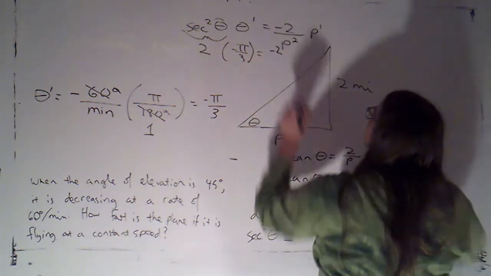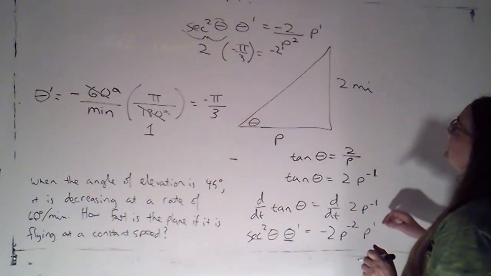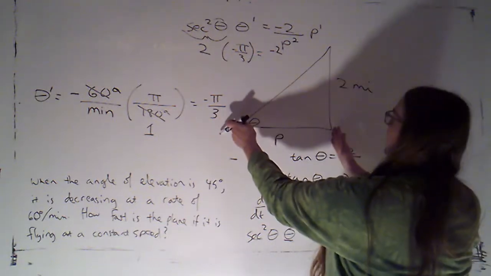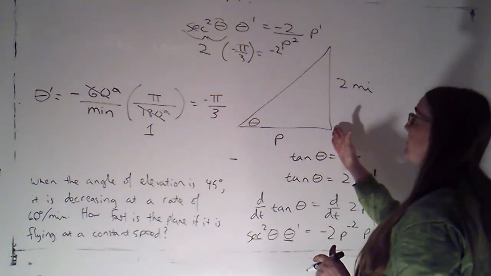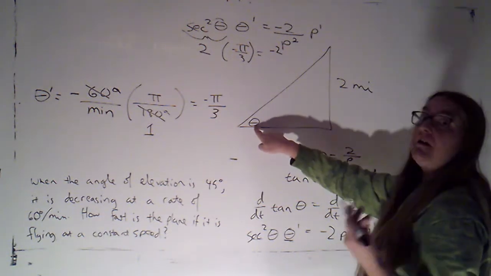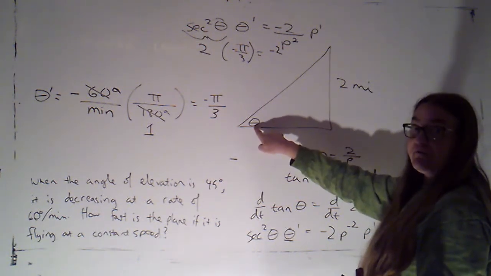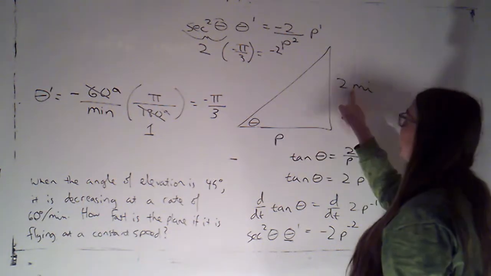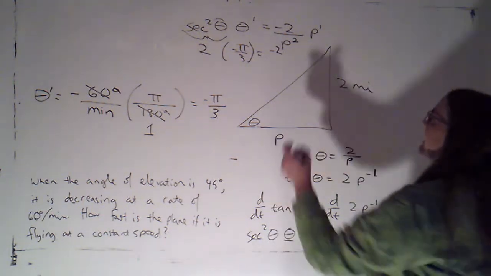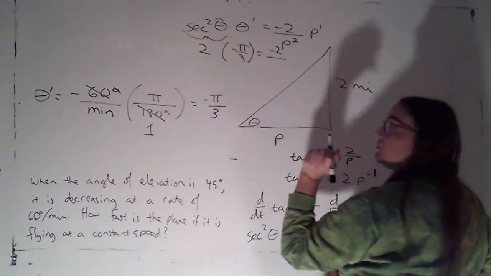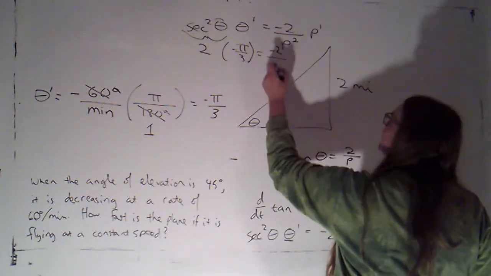And then we've got negative 2 p. We're going to need to figure out at this particular moment in time. But we care about the moment in time when this is 45 degrees or pi over 4. At that moment in time, this is an isosceles triangle, so the two legs are the same. So p would equal 2 at that moment in time.